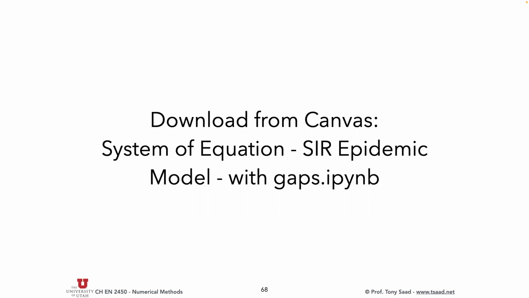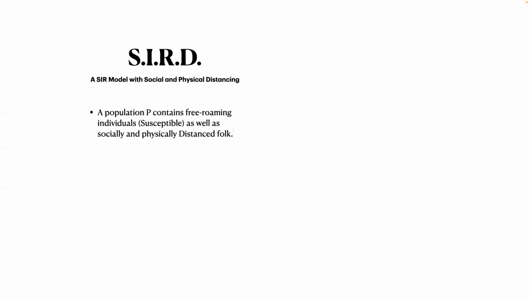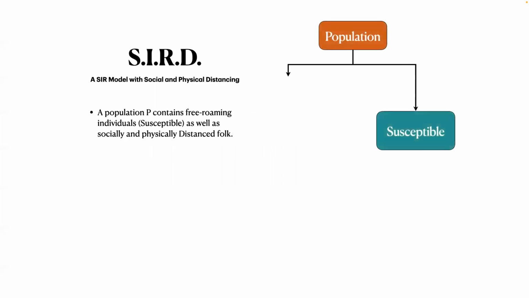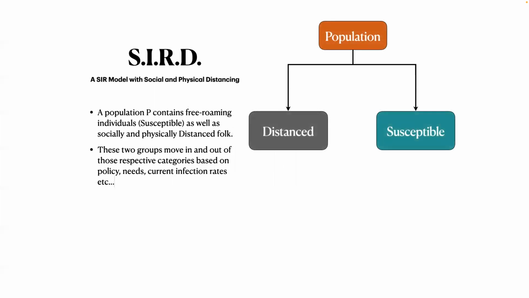So let me show you. I would add one more compartment called distanced. And susceptible people can either be distanced. For example, the population that are immunocompromised or elderly, maybe that population could consider being under lockdown.